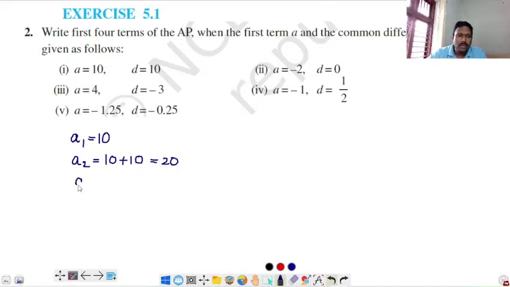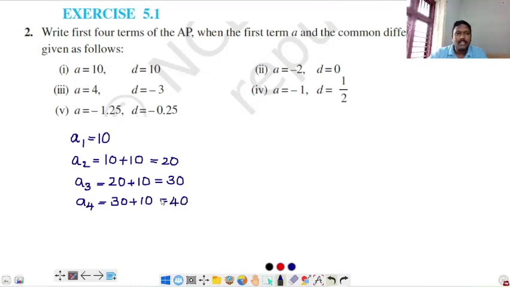Now let us do A3, the third term. So the third term is equal to this 20 plus the common difference 10. That is equal to how much? That is equal to 30. Okay. Now A4, the fourth term we want to find. So A4 is equal to 30 plus 10, which is equal to 40.